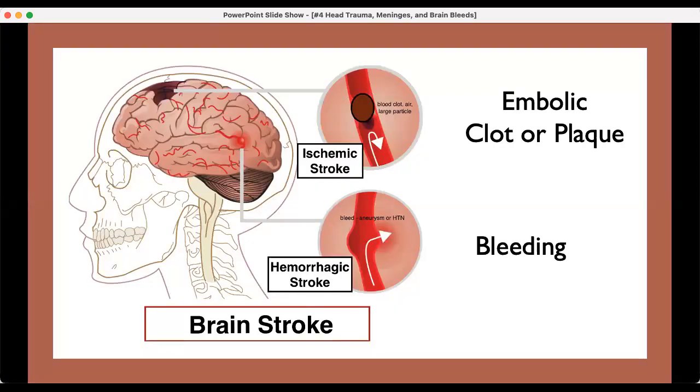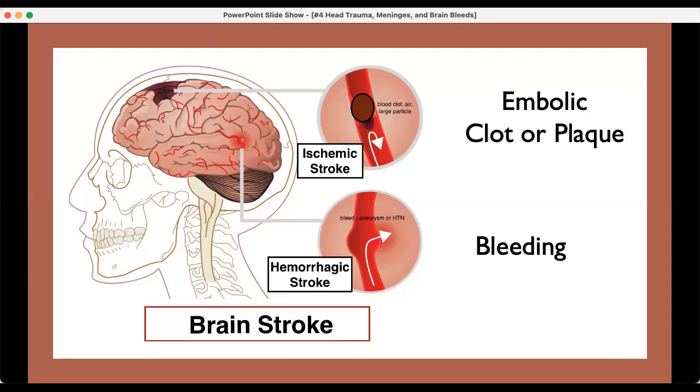Well, this is the other type of brain bleed. This is from a stroke, and strokes can be two different varieties. The first, embolic: a clot or a plaque, say a blood clot in the left atrium, can break loose and go up into the brain and occlude the blood supply to all the tissue distal to that obstruction site.